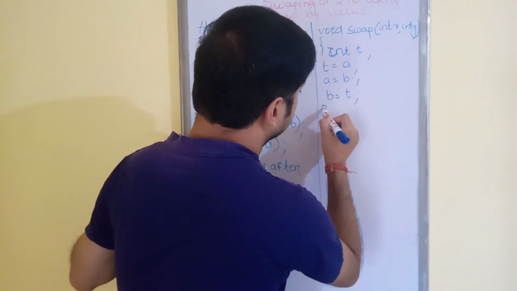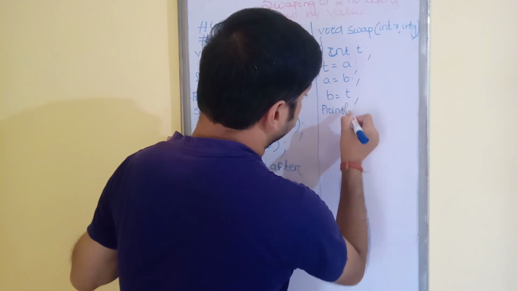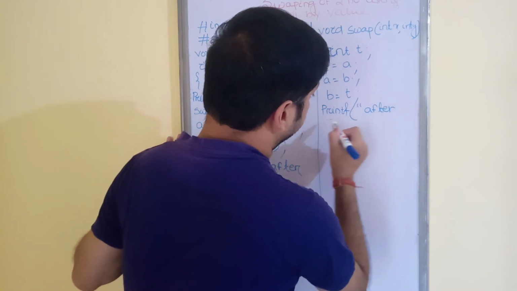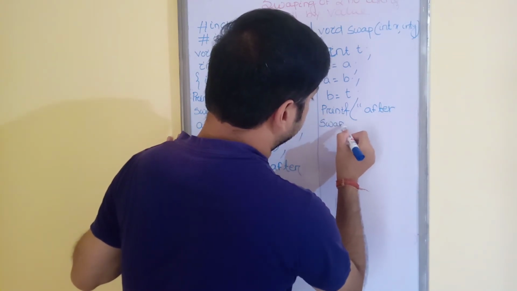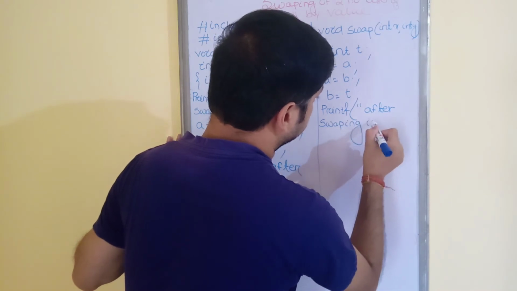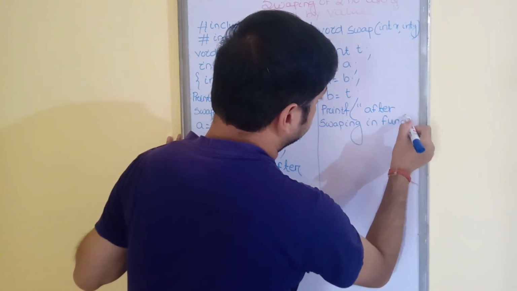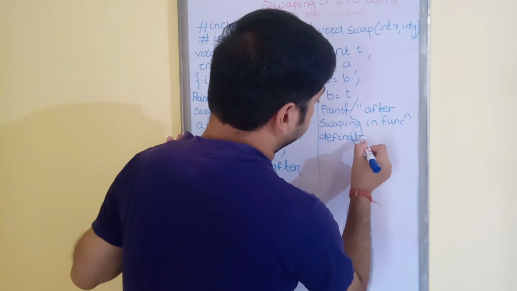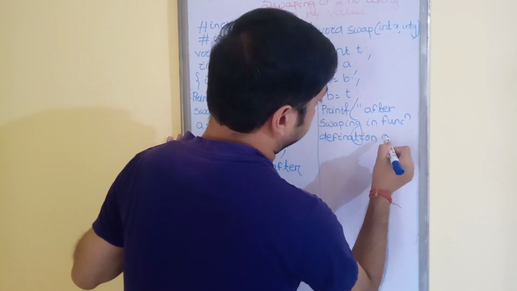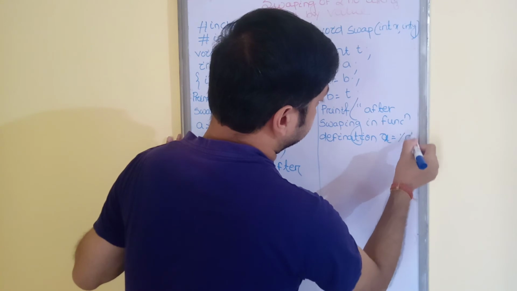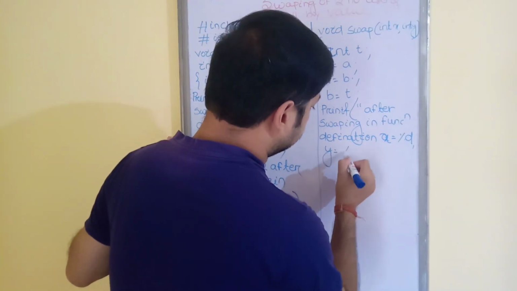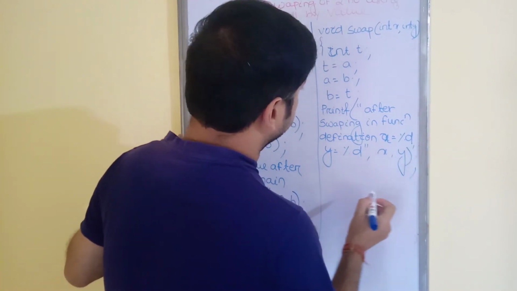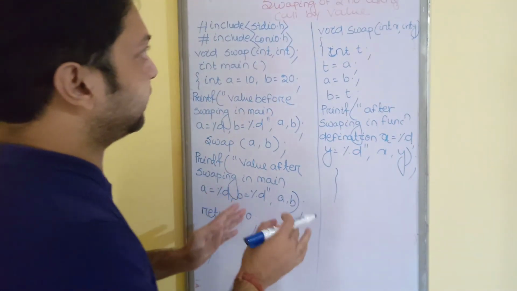Then I print here printf after swapping in function definition, x equals to %d, y equals to %d, that is x comma y. So this is the simple logic here, swapping of two numbers.